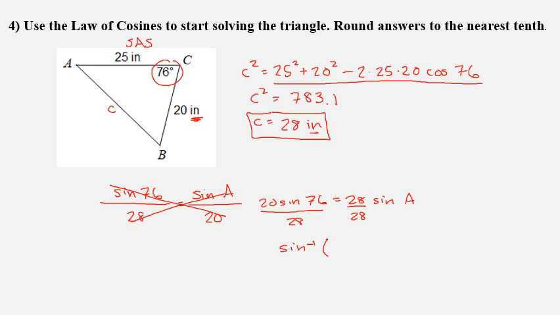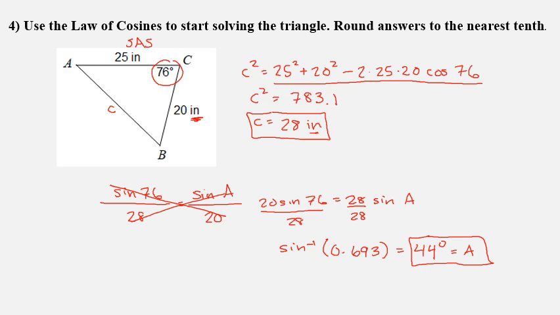Right? So let's type that in the calculator. Okay, and I get 0.693, so I'll do the sine inverse of that in the calculator, and I get 43.9, so we'll round up to 44 degrees.